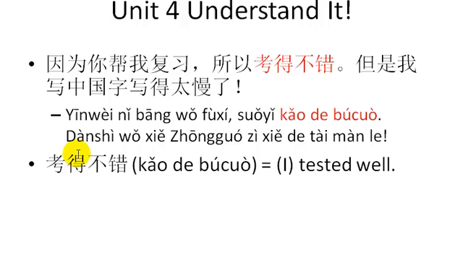It's a connector, and it's connecting the verb and the adverb that's modifying the verb. So, test, not bad. You could put a 我 in front of here. 我考得不错. I test, not bad. Or I tested well. Okay.